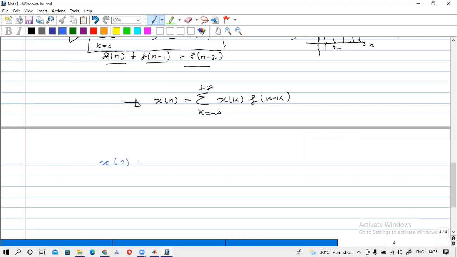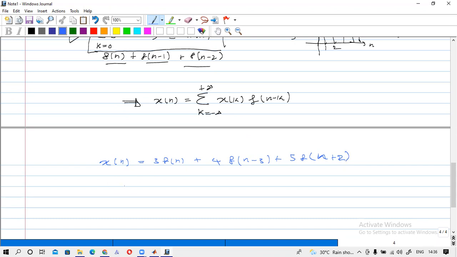It is a sequence like this: 3 delta n plus 4 delta n minus 3 plus 5 delta n plus 2, or something. If it is minus or plus, don't care, the same result you will get.